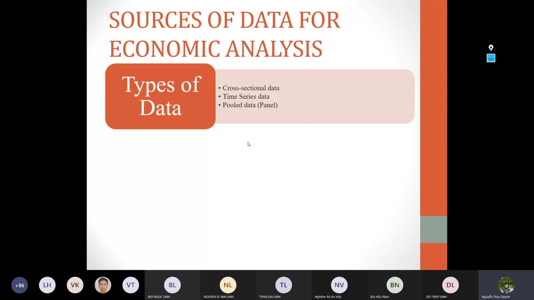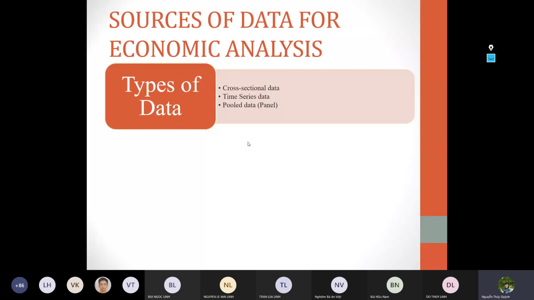So we have some main types of data for econometric study. For different types of data, you will have different ways to deal with them. For cross-sectional data, mostly we will use the method of ordinary least squares to estimate the model.